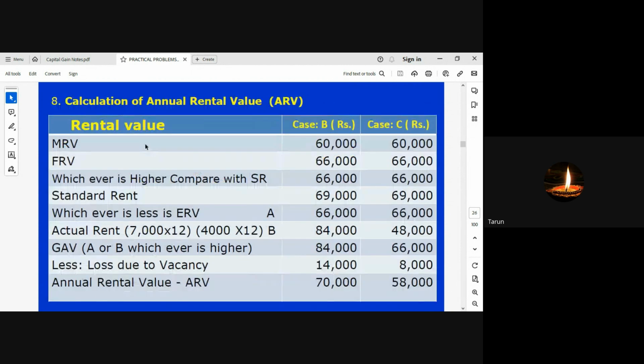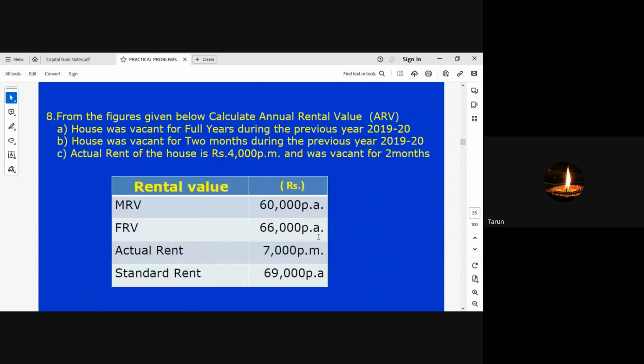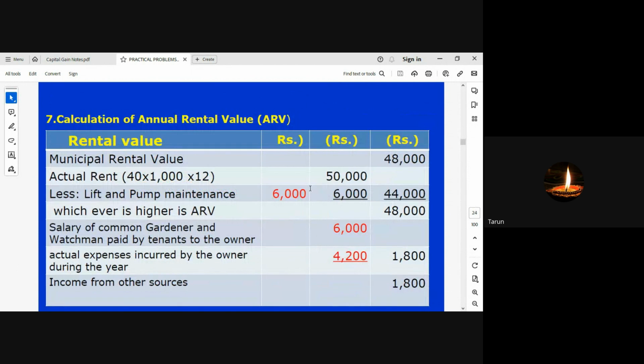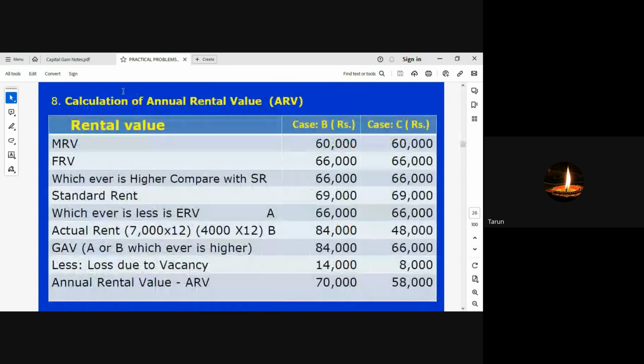So we consider MRV 60,000 and FRV 66,000. Whichever is higher, the higher value is the fair rental value, 66,000, and this value will be compared to the standard rent.